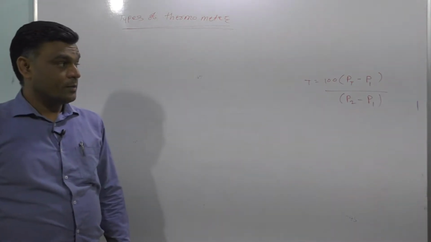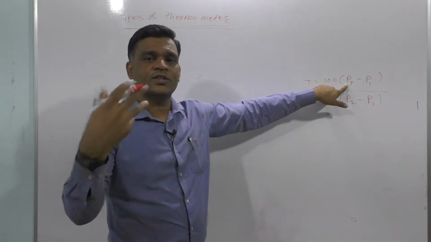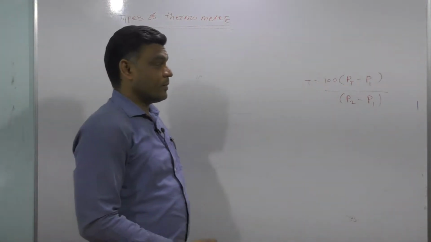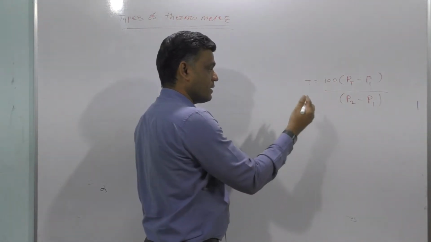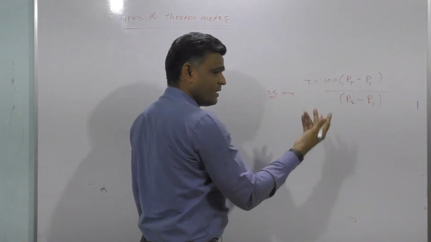Here P is the generalized word for the change in physical properties. In the case of mercury, we count the length, 25 mm.